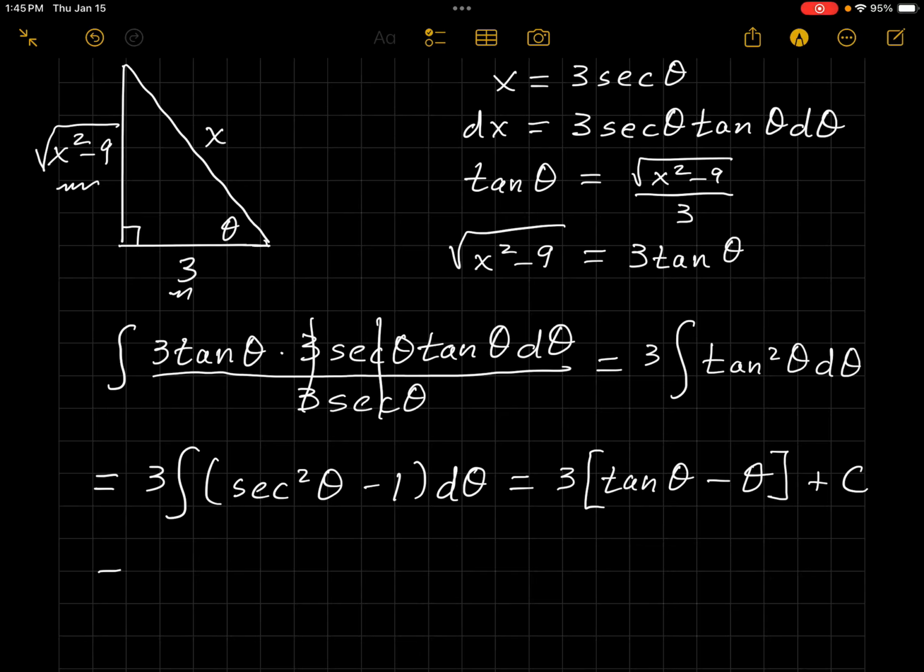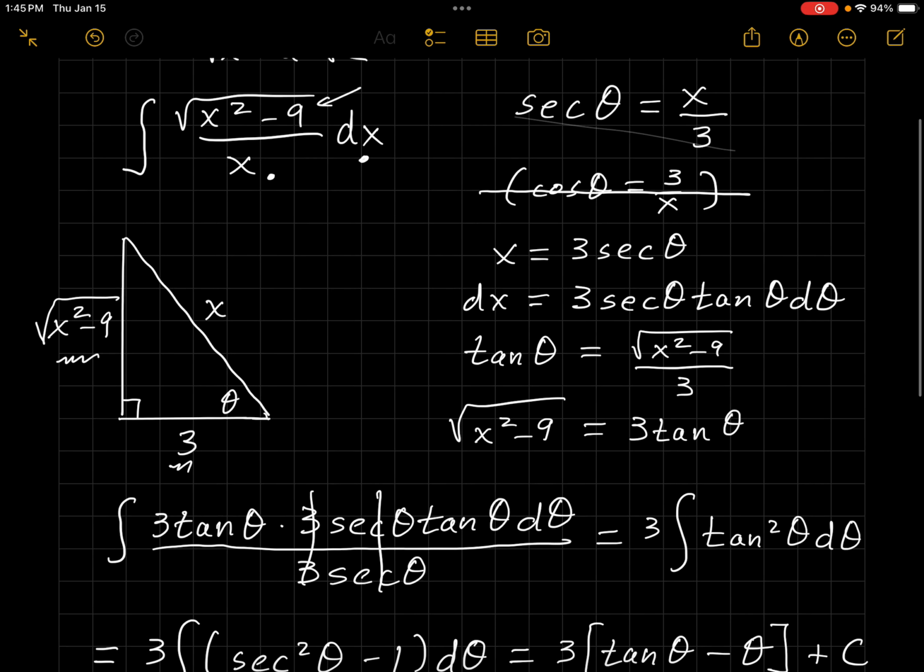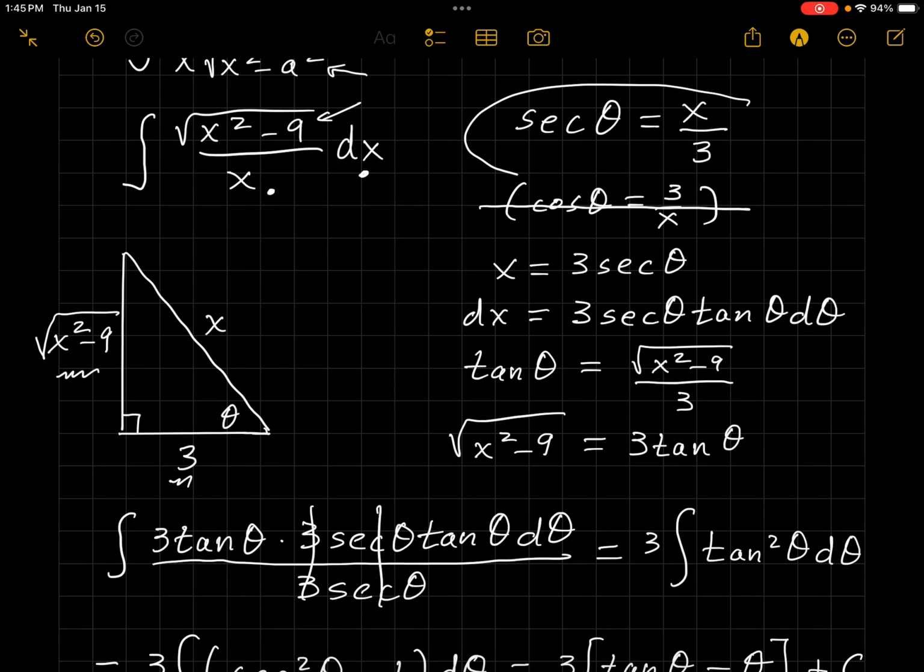And now we can back substitute. We already know what tangent of theta is. It is the square root of x squared minus 9 all over 3 minus theta. Well, we chose secant theta to be x over 3, which means theta is the arcsecant of that.